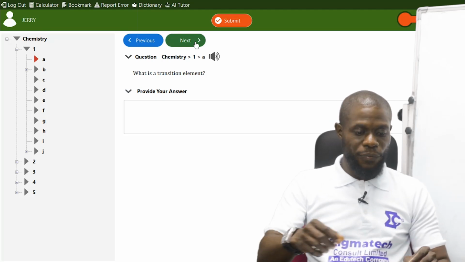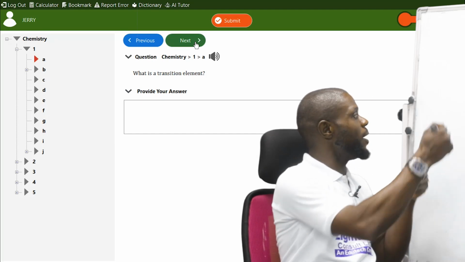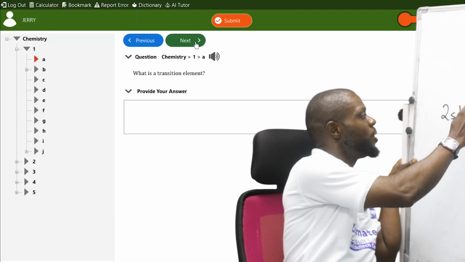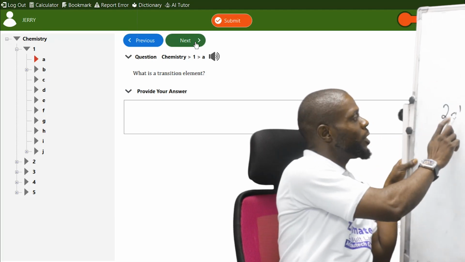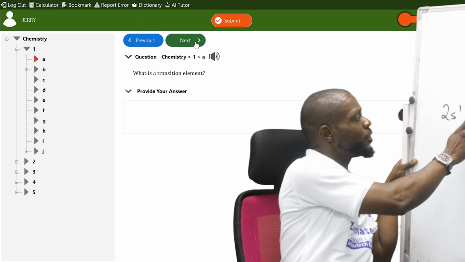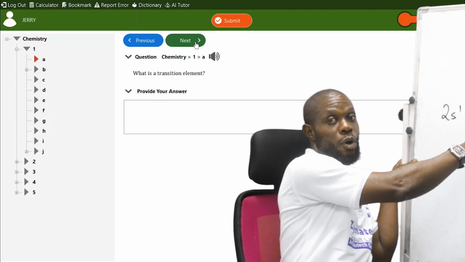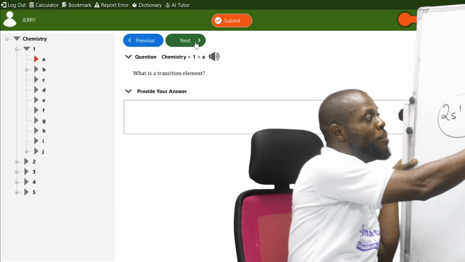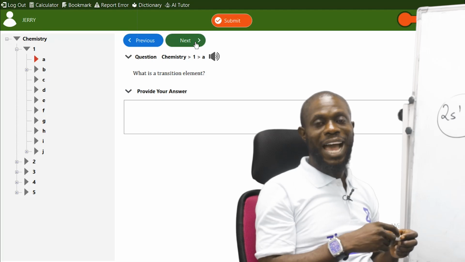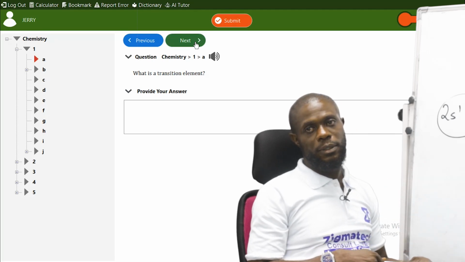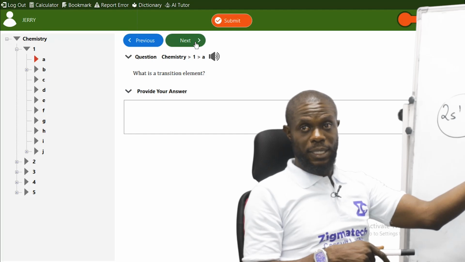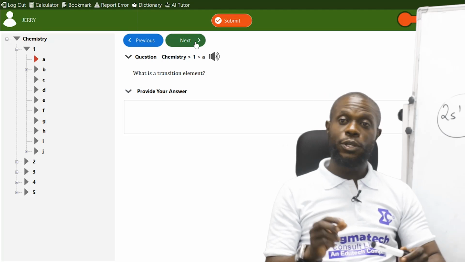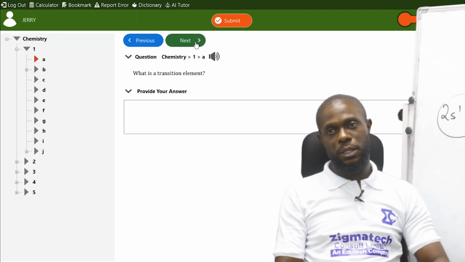For example, if you have 2s1, 2p2, you just count the superscripts, the 1, 2, and 3 on top. When you count them, it gives you the atomic number of the element. So anything you get is the number of that element in the periodic table.